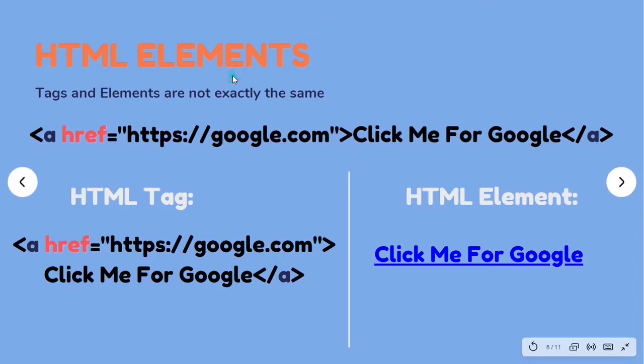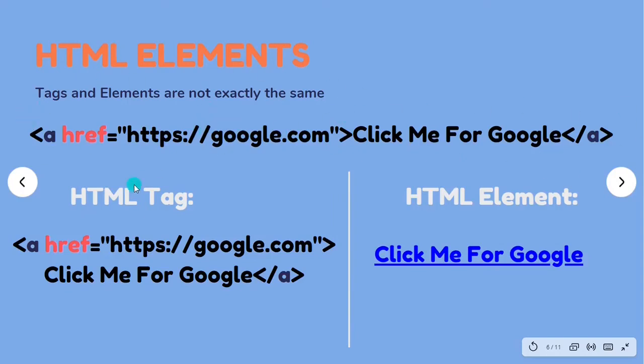Now, on the topic of HTML elements, you need to know that tags and elements are not exactly the same. So, in the earlier example, you have the anchor tag that goes to Google when you click it, right? And so there are actually two things here.